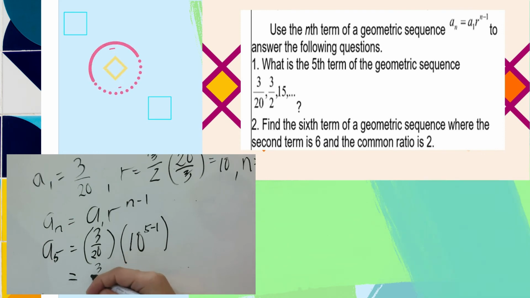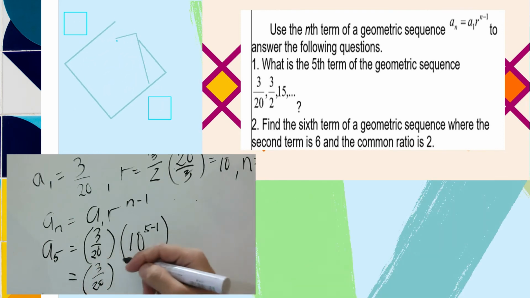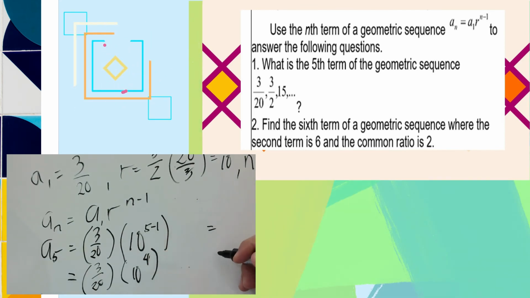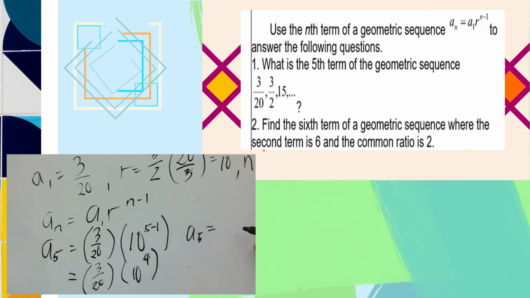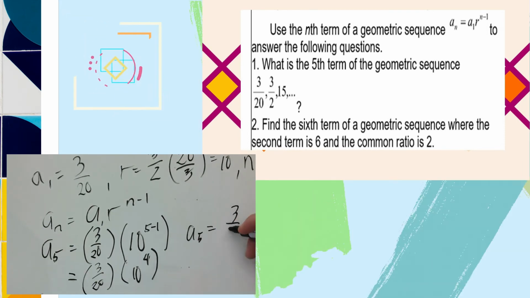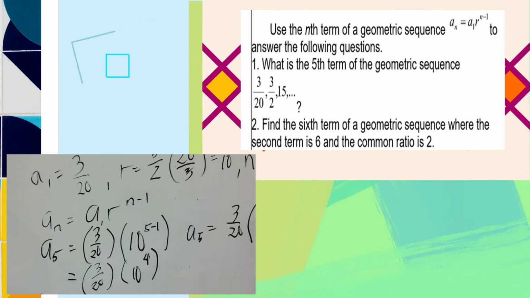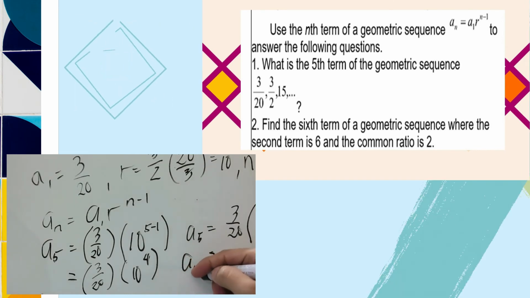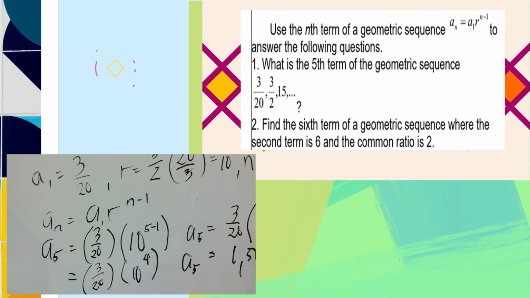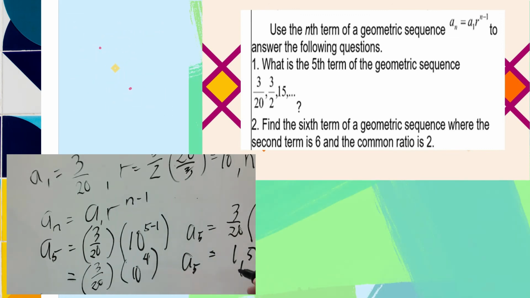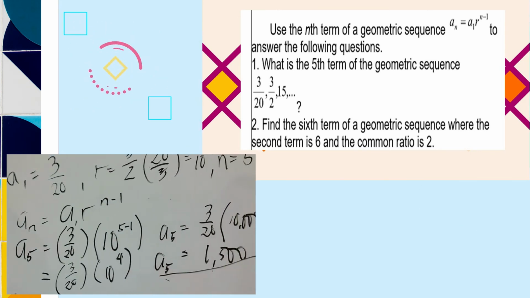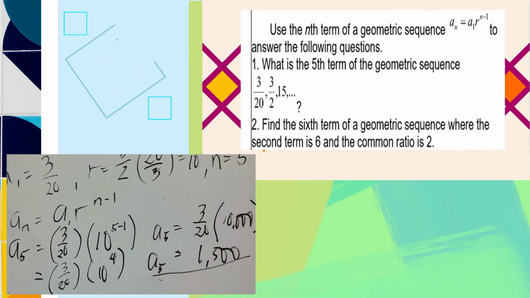So we're getting 3 over 20 times 10 to the 4th power, which is 3 over 20 times 10,000. And then a sub 5 will be 1,500. So that will be your fifth term.